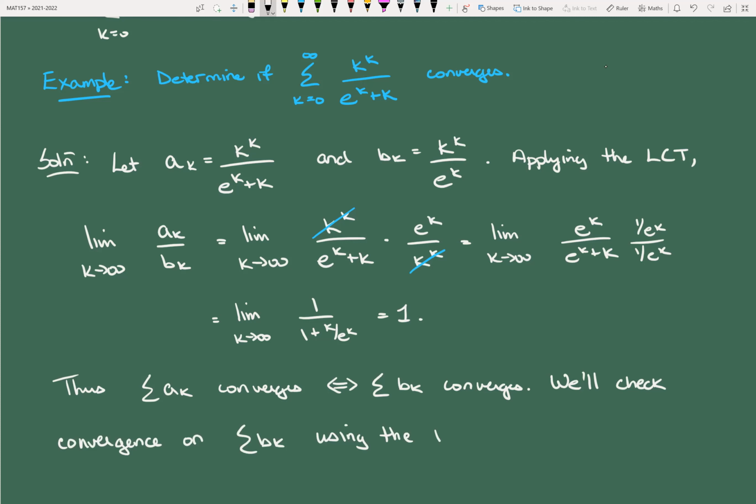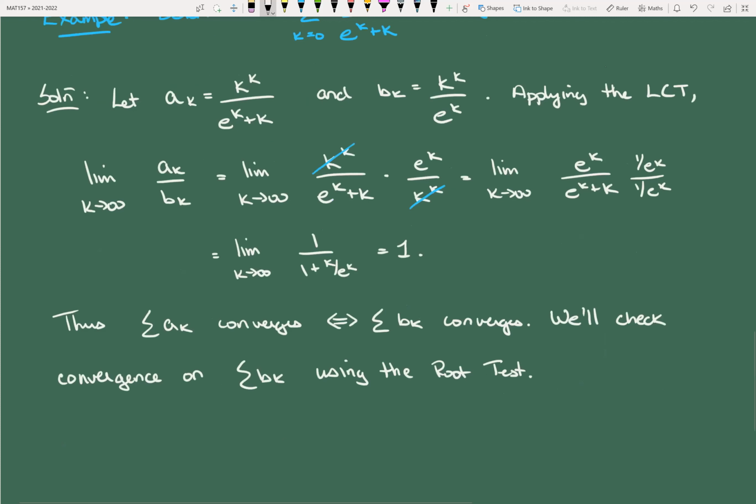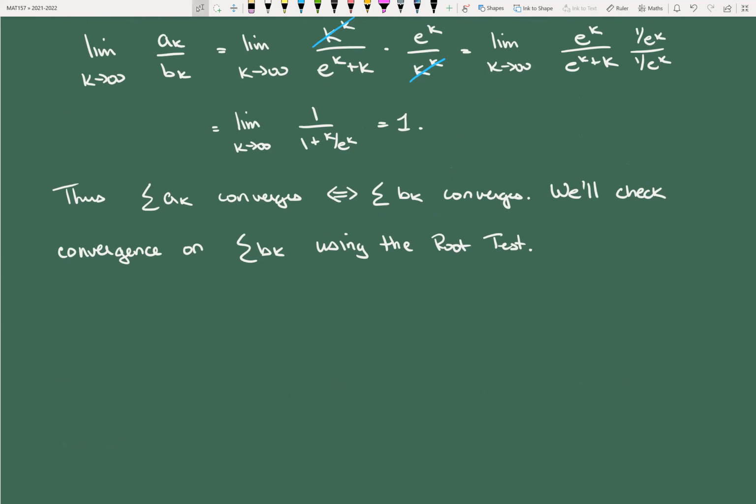Again, we're going to take a limit of the kth roots of the absolute value of b_k, though in this case everything's positive, so the absolute value really isn't important.